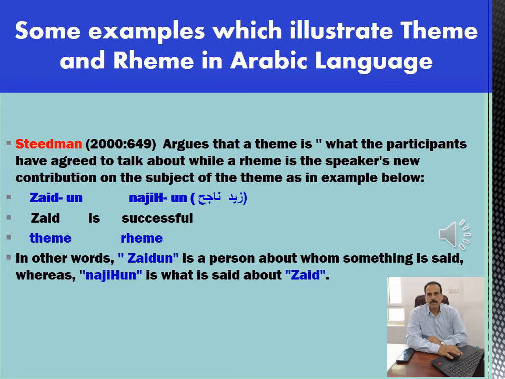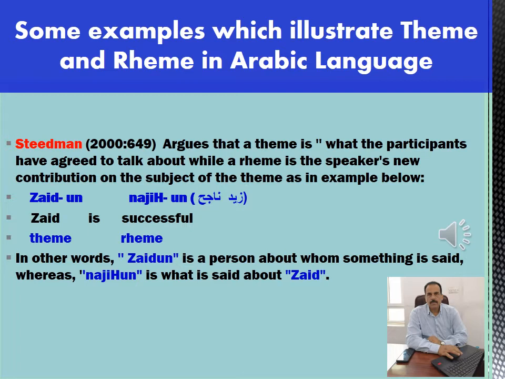That means this case marker refers to third person singular and masculine. Najihun also has the suffix un, referring to third person singular and masculine. But here the auxiliary verb is understood from the context.